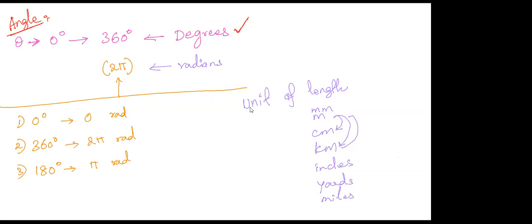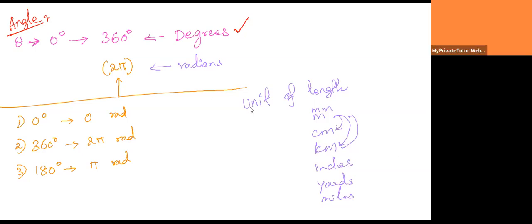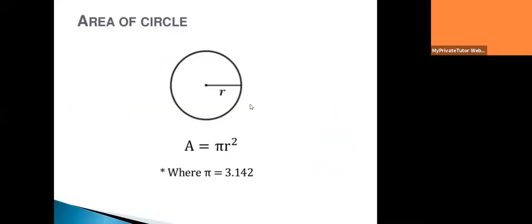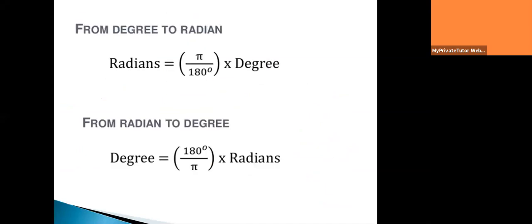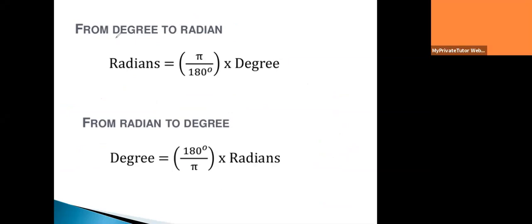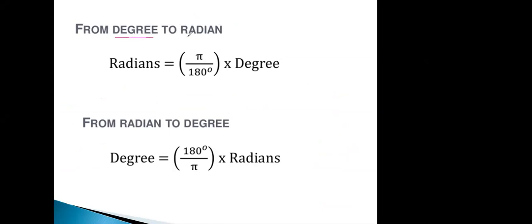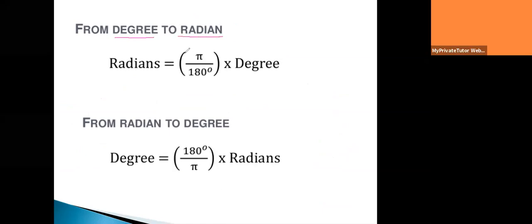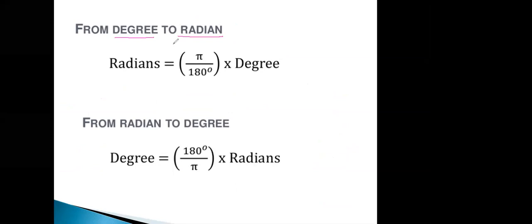Have a look at the board. We have two units for angle, degrees and radians. So how do we convert degrees to radians? It's not a difficult way. Maybe it looks a little weird, but it's very easy.